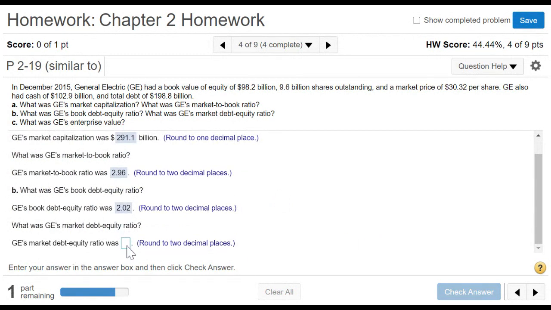Market debt to equity ratio was 0.68. I can't hear that. 0.68.